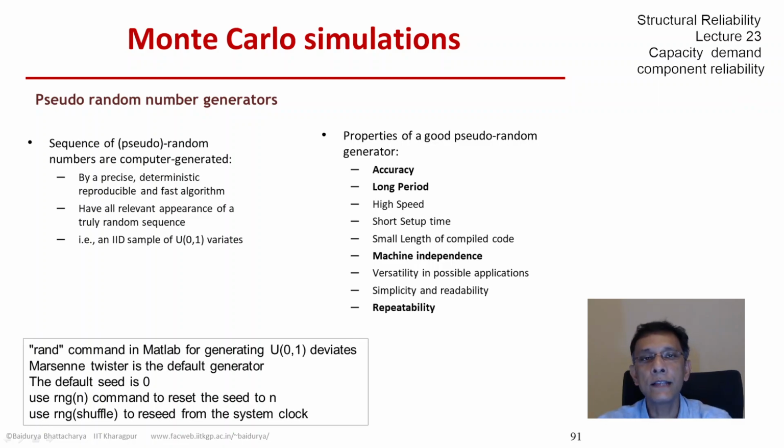If you want to change the seed to any other particular value, you can use the RNG command. RNG n sets the seed to the number n that you want, and if you want to take the seed from the system clock, then you use RNG shuffle, as you see on the screen.